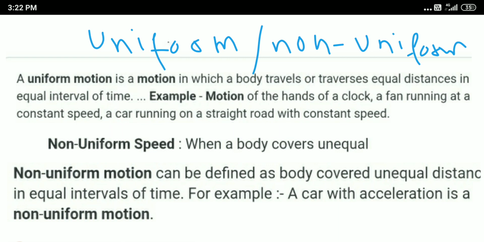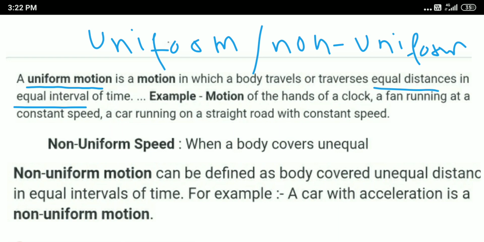So combinedly, if we are taking specifics, we have to define uniform speed or uniform velocity. But as a whole, we can define it as uniform motion. So when a body travels equal distance in equal intervals of time, it is considered as moving with uniform motion.